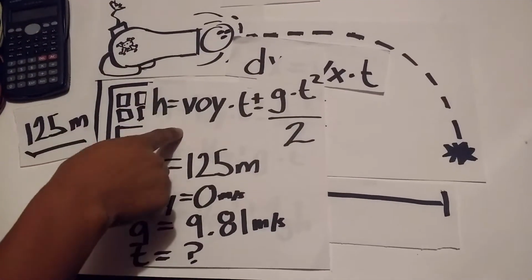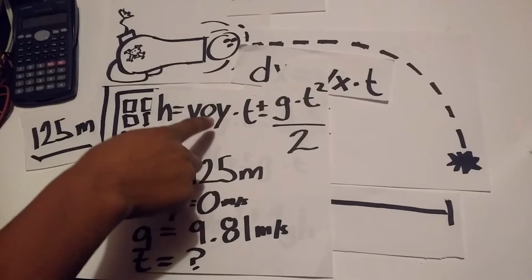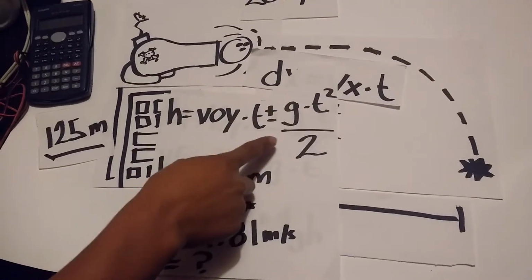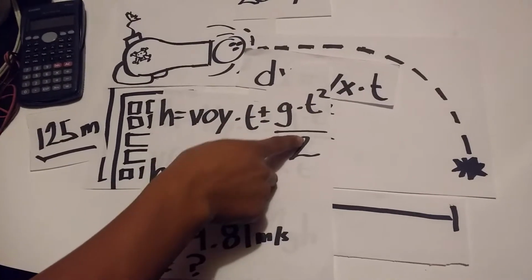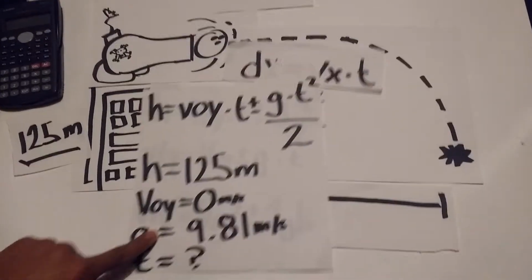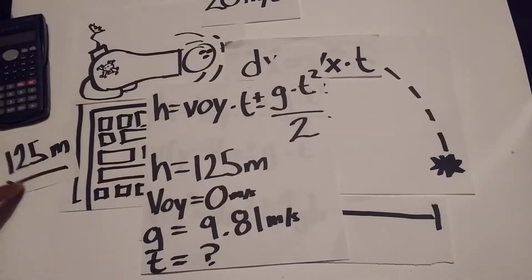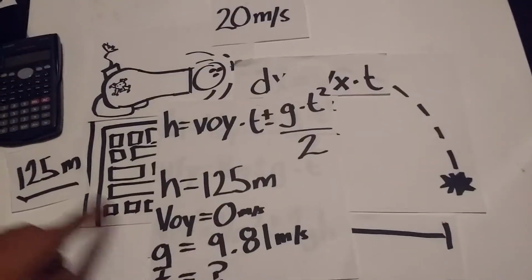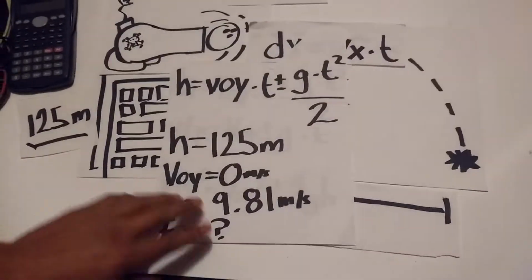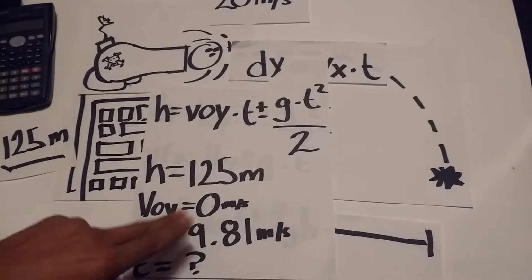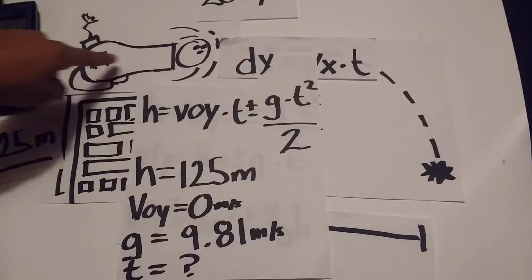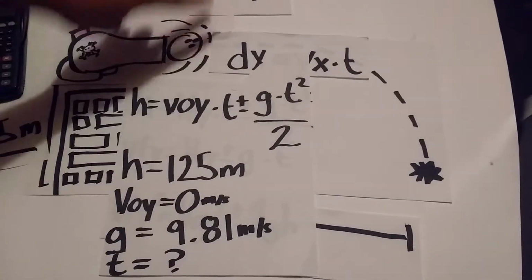Height is equal to the initial velocity of y times the time, plus minus gravity times the time squared, divided by 2. So we have here the height, which is 125 meters. Obviously the initial velocity of y is 0, because the cannon is horizontal, not vertical.